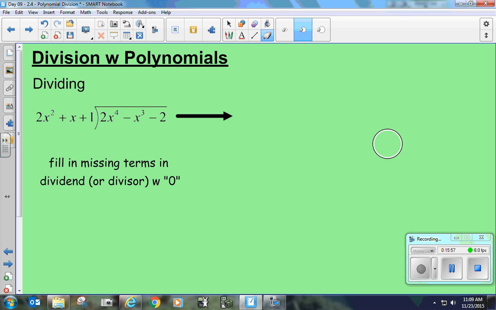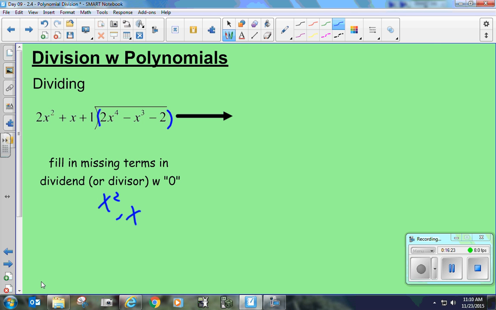And right now, in the dividend, which is on the inside here, what terms are missing? If I have an x to the fourth, I gotta have an x to the third, right? Which means I should have an x squared that's not there, which means I should have an x that's not there. I have a number without an x, or 2. So technically, I'm missing my x squared and my x's.